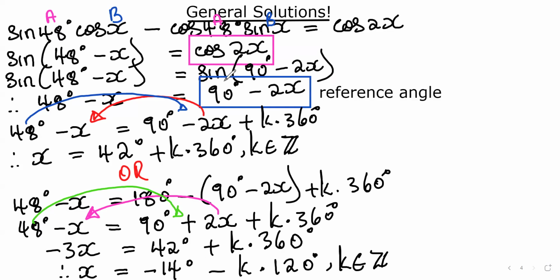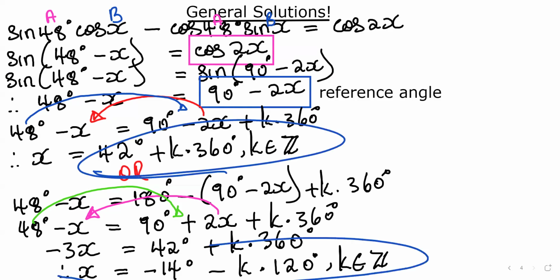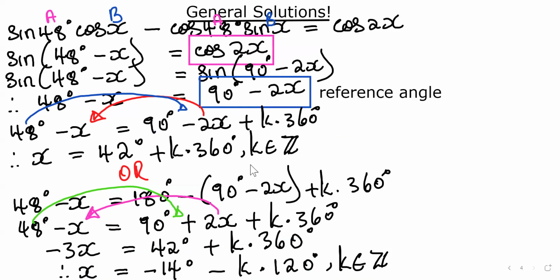And this is what I want to make you aware of. If you decided to change sine to cosine, using the one that I wrote here and erased, it's possible that you won't get these two solutions. It doesn't mean they are wrong. No, they are still correct.